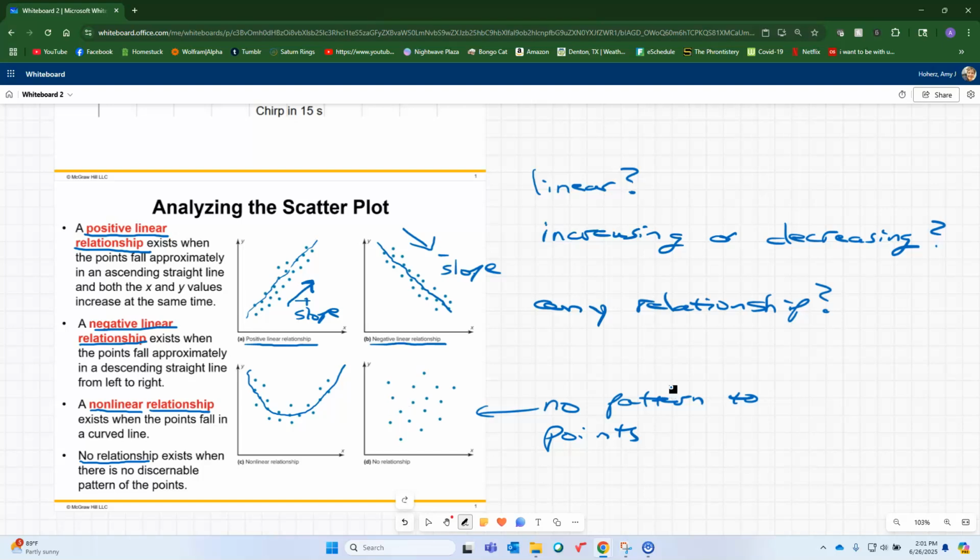It just looks like somebody took a handful of pebbles and threw them at the wall, and this is the pattern that came out. There's no rhyme or reason. We can't say it has any kind of a relationship, or at least if there is any kind of relationship, it's very, very weak. So when there doesn't look to be any sort of pattern, we say there's no relationship between the input and the output. You can't use the input to predict the output.